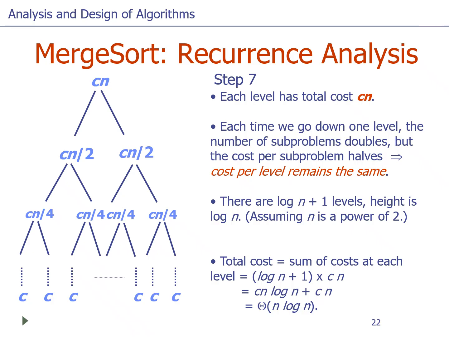So if I would like to find out the total cost, or the total work I'm doing at all levels in the whole tree, I will multiply the number of levels by the cost of every level, which is n. So the question becomes, what is the number of levels?